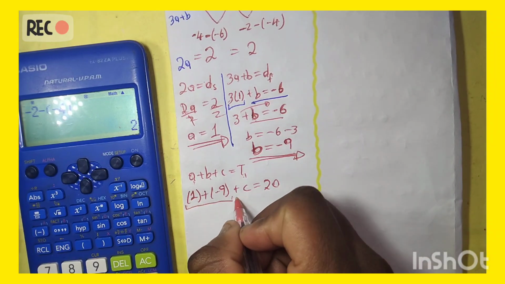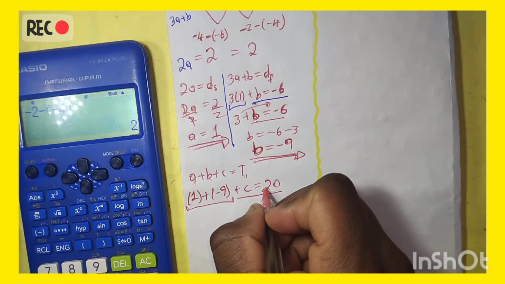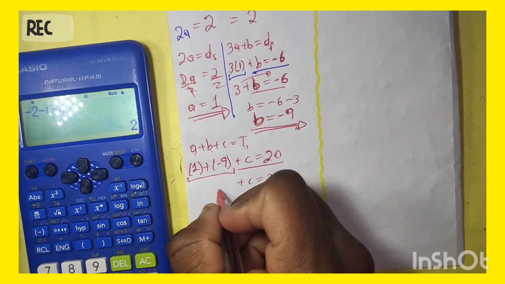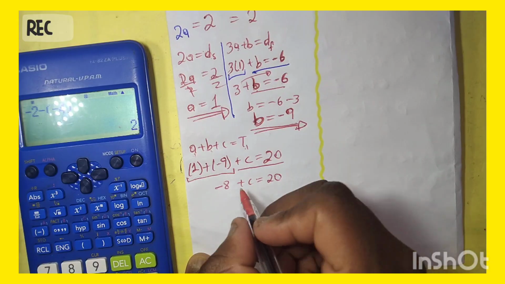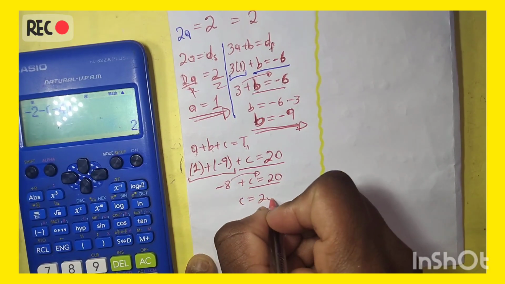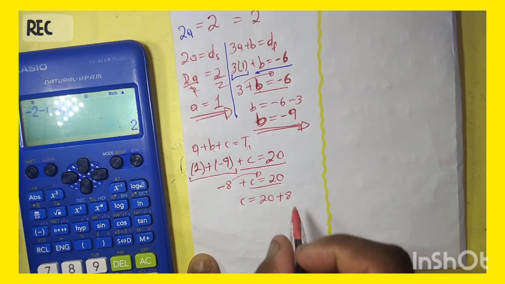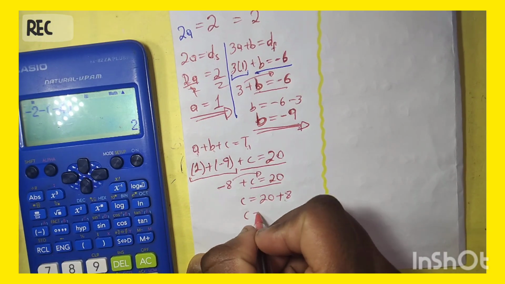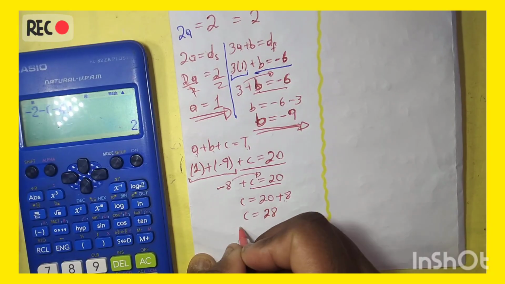This I can simplify, but these I can drop them. So let's just simplify this thing there. These two things there, they give me -8. Then take this thing, guys, to the other side, drop this one, so like this. That thing there, when it comes to the other side, you change the sign and you will end up having 28 there. Do you see?